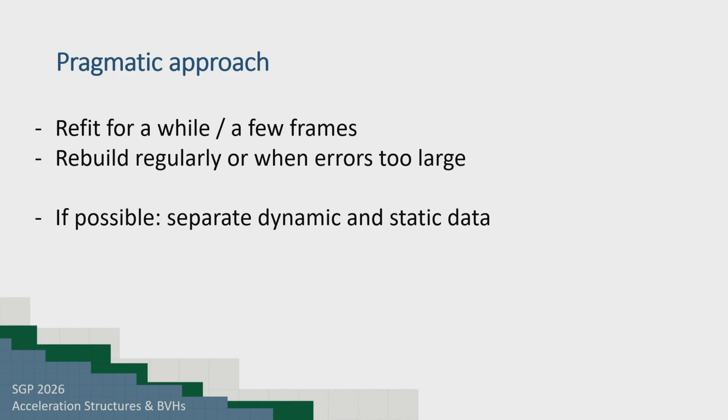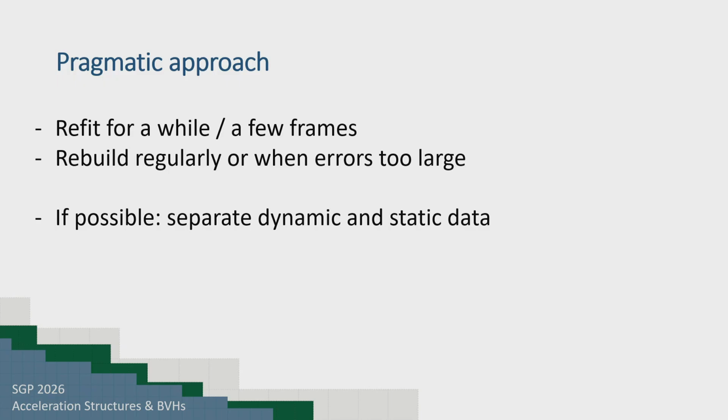There's a couple of pragmatic solutions to this. One is, you just refit for a while, especially if you have smooth simulations, the changes won't be that much. The degradation will be small. But after a while, when you either detect that the errors become too large, or you just have a regular interval at which you want to rebuild, you scrap the whole thing and start from scratch.